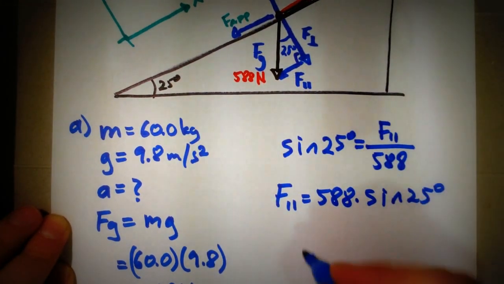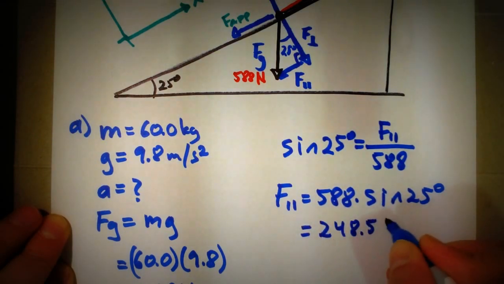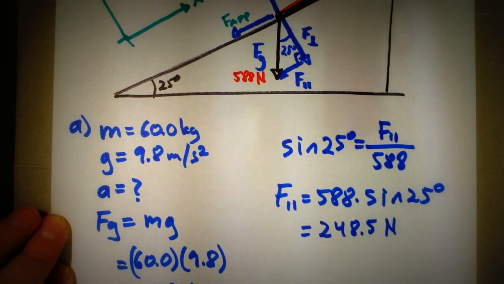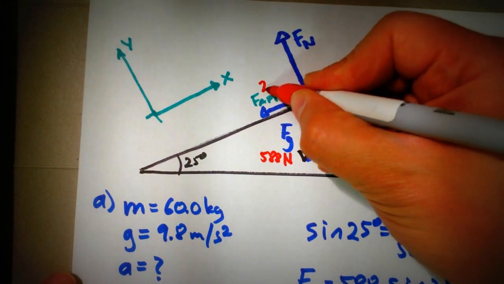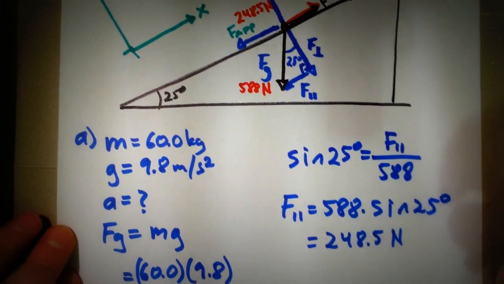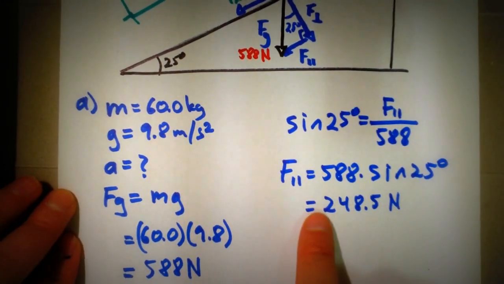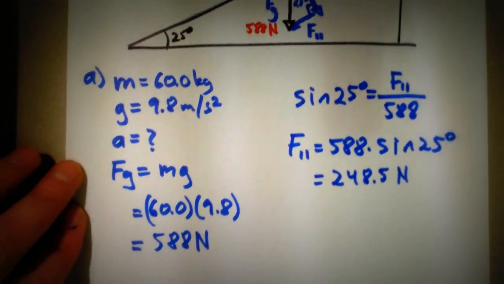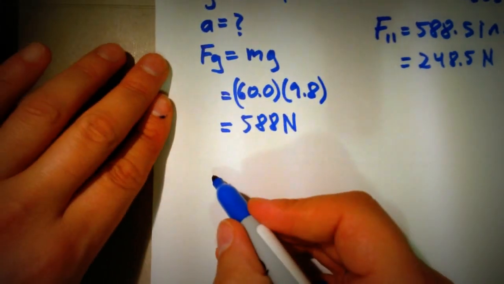So we put it here, 248.5 newtons. So great, we figured out what the applied force is, and let's just label our triangle, right? 248.5 newtons. Okay, now they're asking for the acceleration.